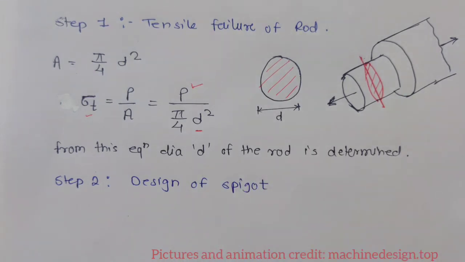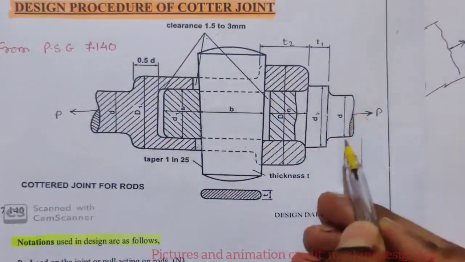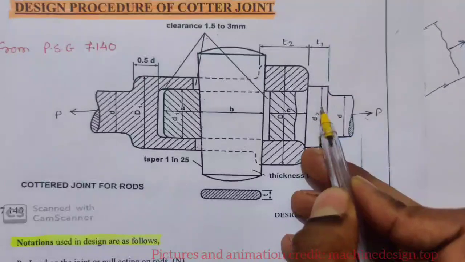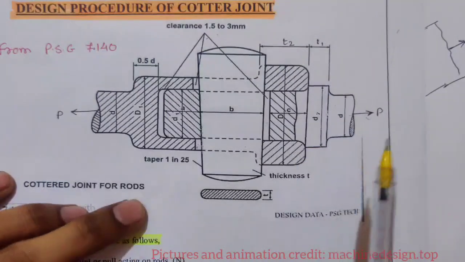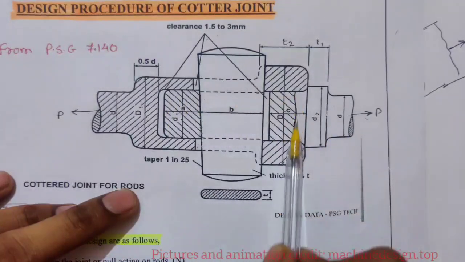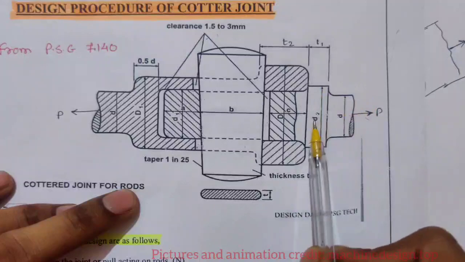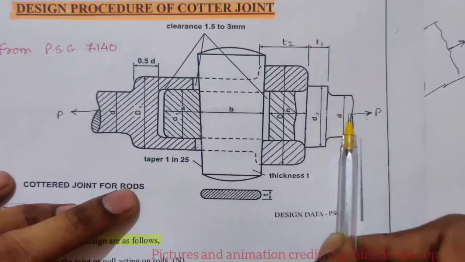Okay, so see, this is a spigot, this inside is spigot. Now this is spigot collar. We are not designing spigot collar, and I have already told, whenever we are saying spigot, just consider this. Whenever we are saying spigot collar, just consider this, and whenever we are saying rod, just consider this.